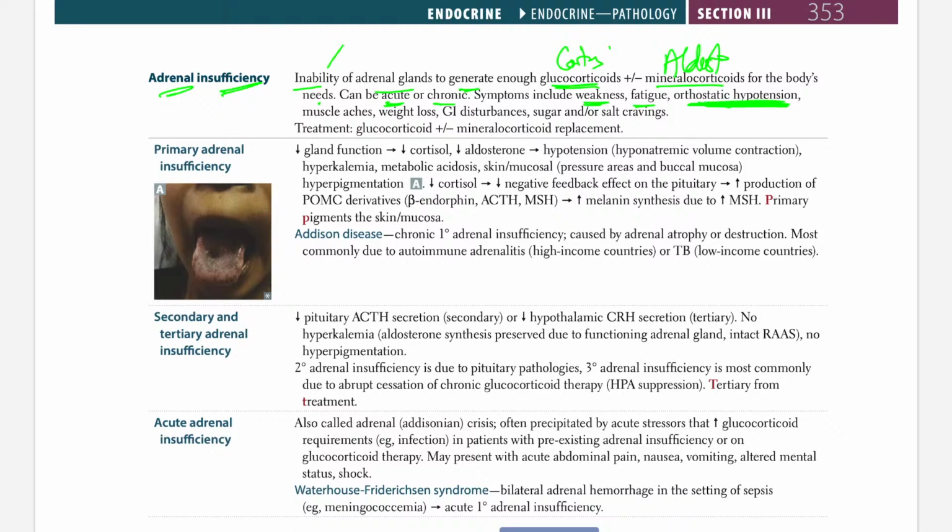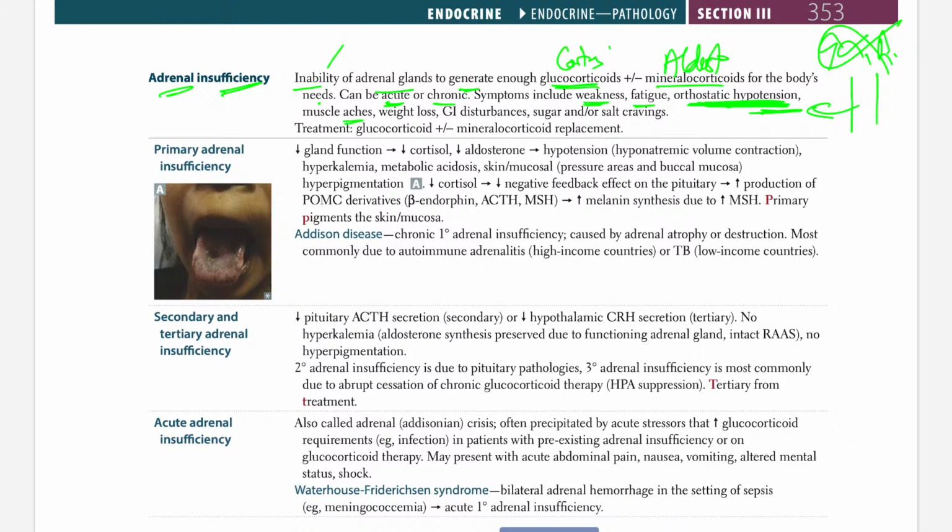Orthostatic hypotension will be there due to the fact that your cortisol was the one which was trying to maintain some tone for the vessel by increasing your alpha 1 receptors. When you don't have cortisol, you don't have alpha 1 receptors, so you are going to cause essentially hypotension.